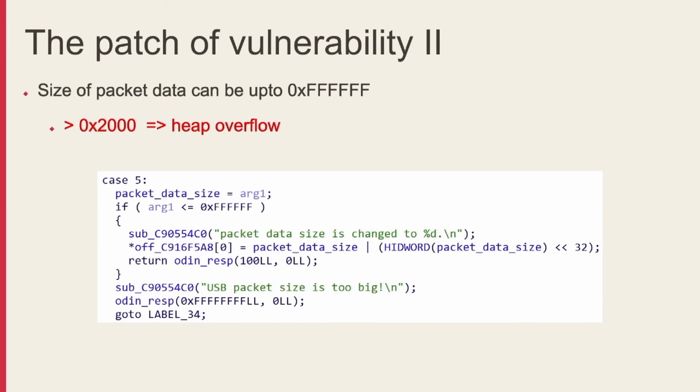Although the patch added an additional check to the size of packet data, the limit is 6F in hex. But the heap buffer size for the partition information table has only 2000 in hex, which could lead to heap overflow.